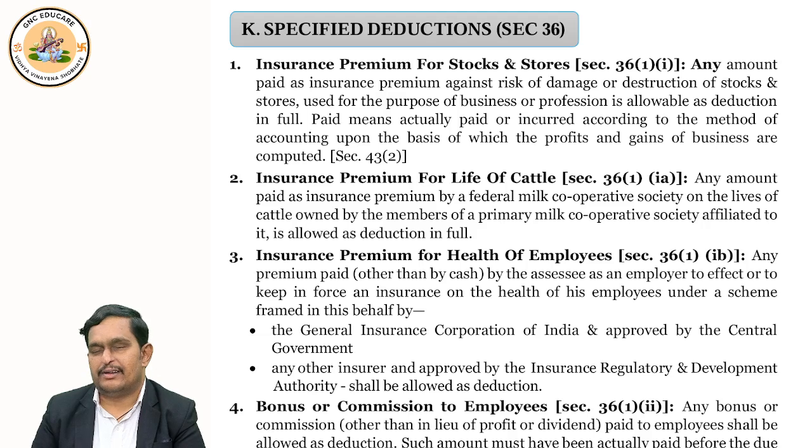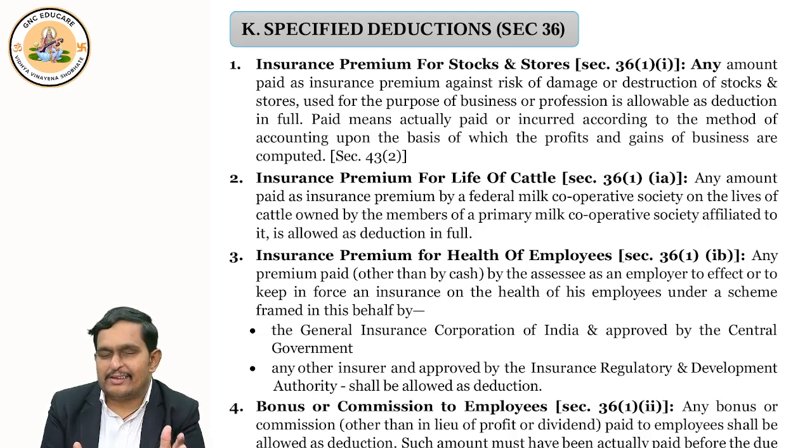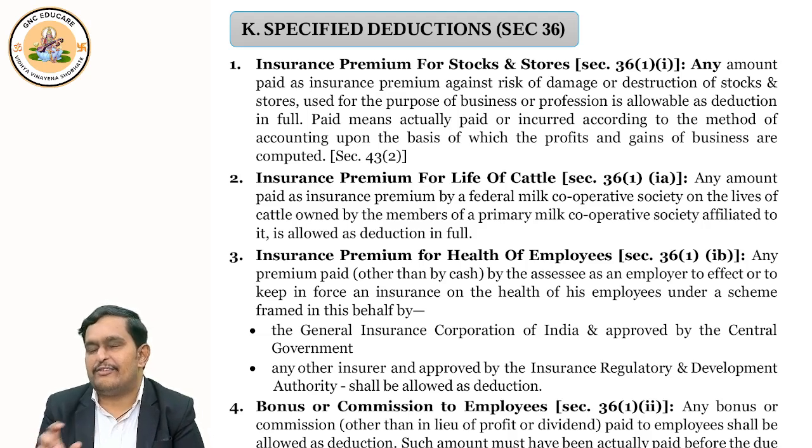Come to the third one. The third one talks about insurance premium on the health of employees. Please remember, there is something called life insurance, that is different. Health insurance is different. So here we are talking about health insurance. From where did the employer take it? From the General Insurance Corporation, which is approved by the Government of India, or any other insurer.